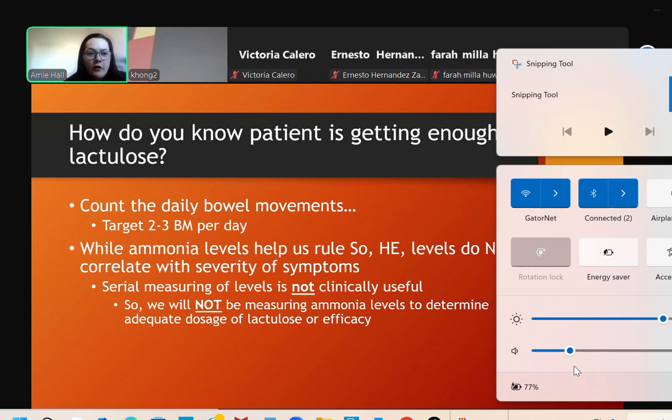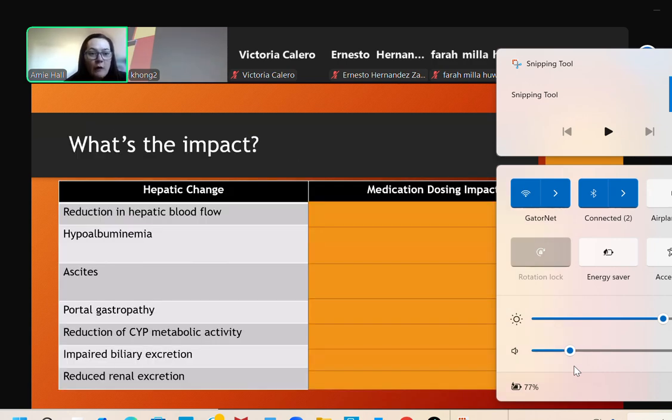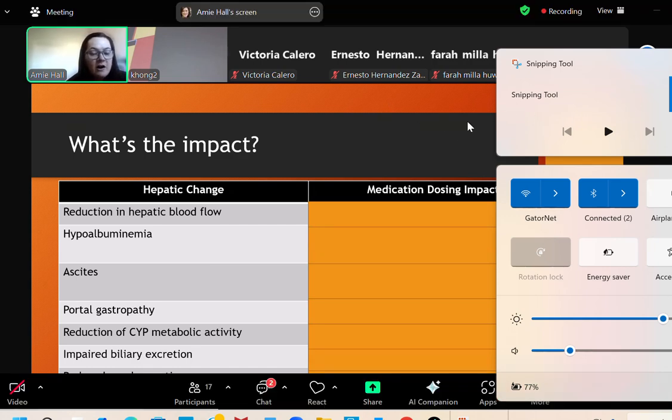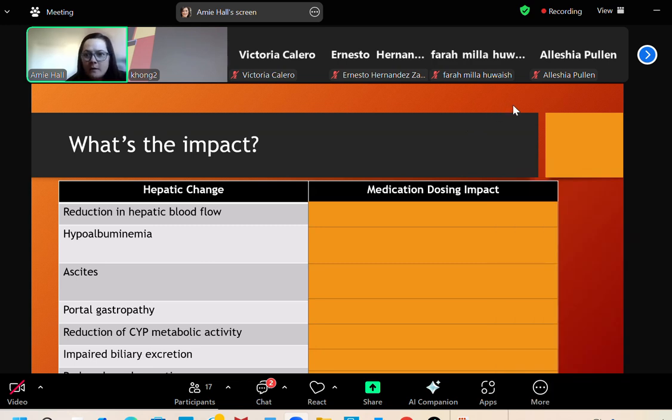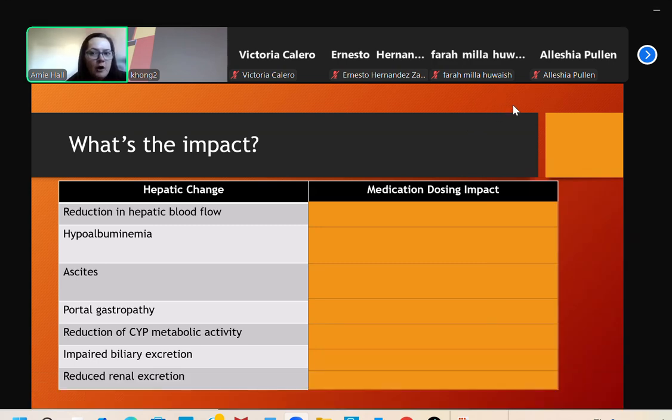All right, so going back, to round out our pharmacokinetics and dynamics in patients with liver failure. If we have reduced hepatic blood flow, how is that going to affect the drugs?